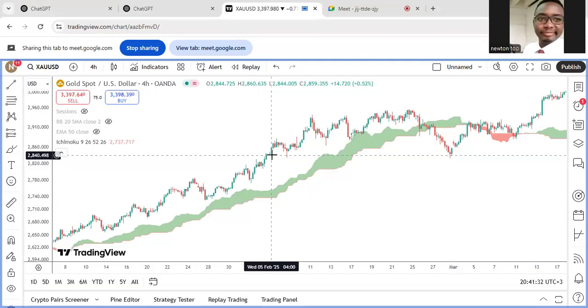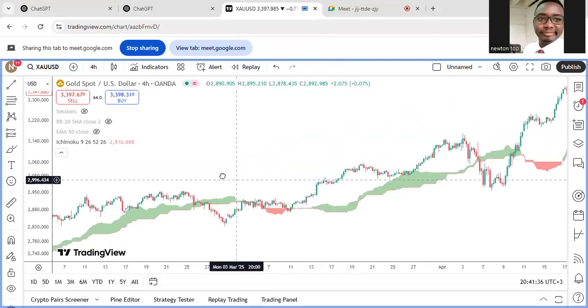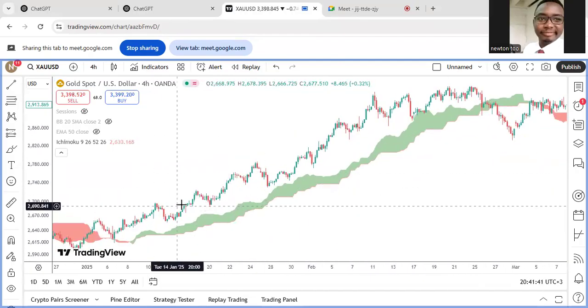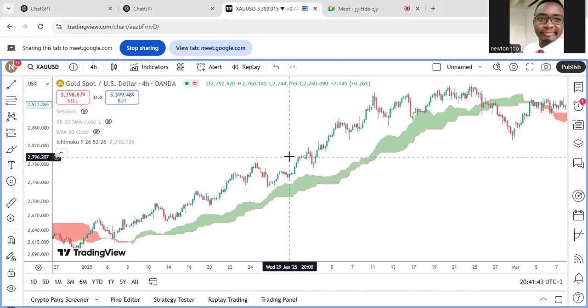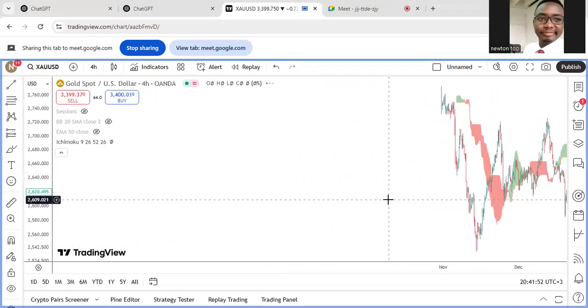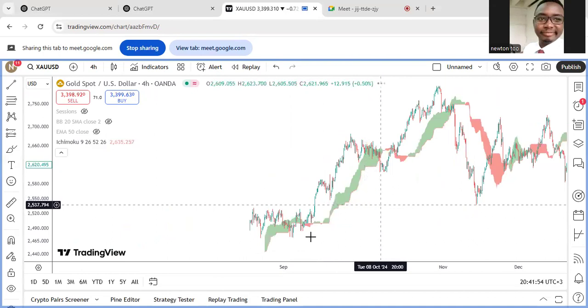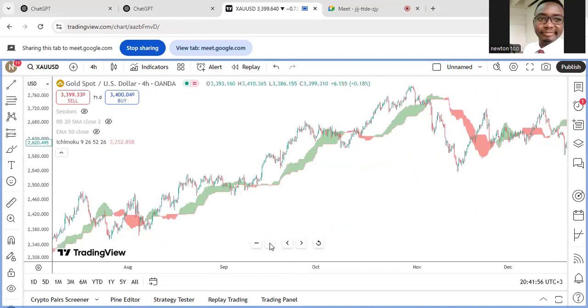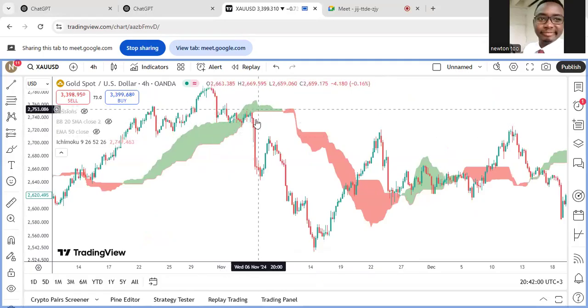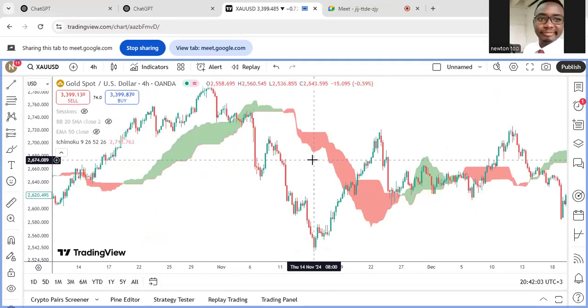Here the price is above the cloud, so you only consider buys. Then when the price is below the cloud, like here, when the price breaks below the cloud, the market is considered bearish.